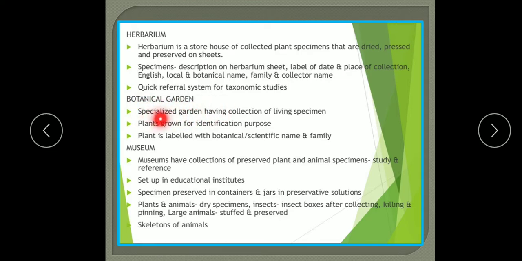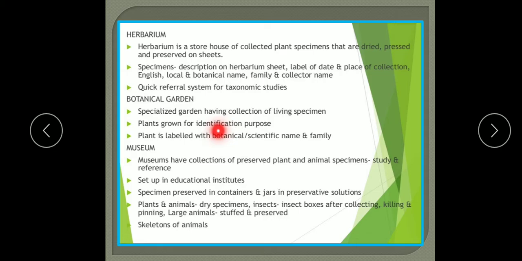Now what is the role of the botanical garden? They are important places for the systematic study and research on the flora of the region. Flora means the plants, so the type of plants found in a particular area or region we can study in the botanical garden.